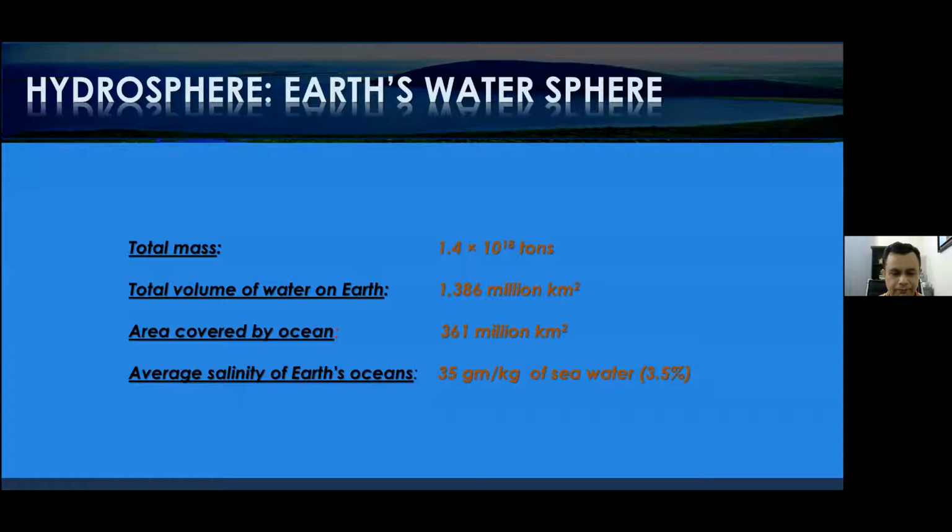The area covered by the ocean is around 361 million square kilometers. The average salinity of Earth's oceans is very important for water resource management: it is 35 grams per kg of seawater, or 3.5% average salinity in ocean water.